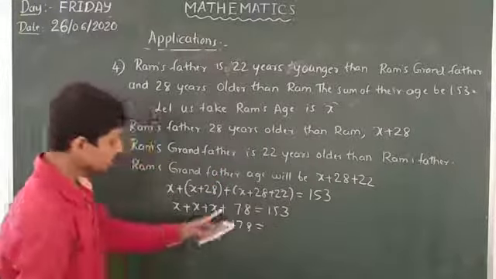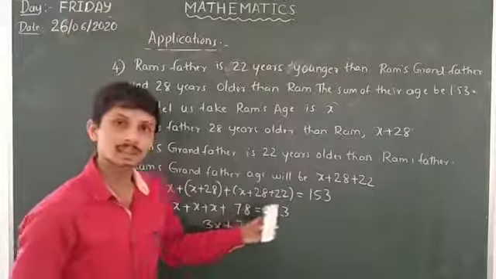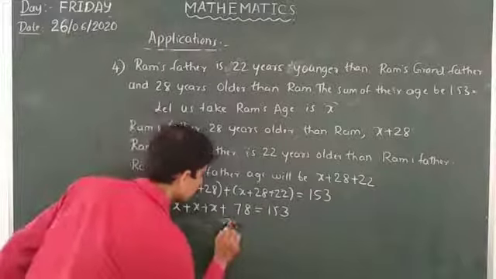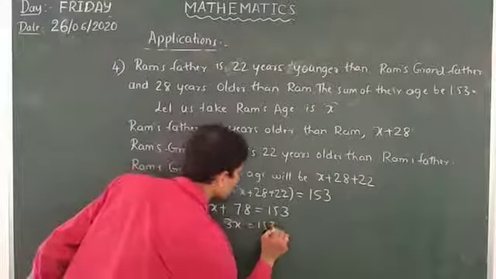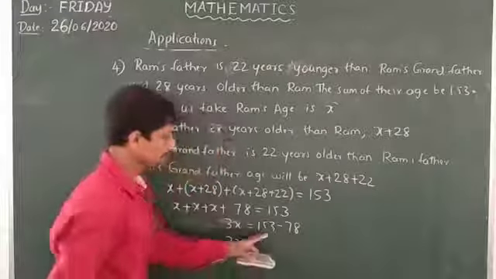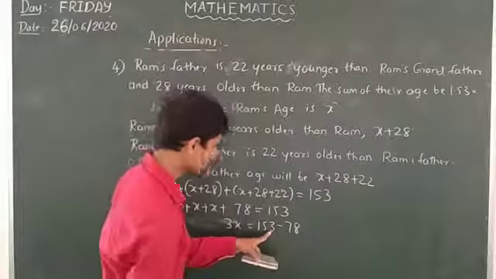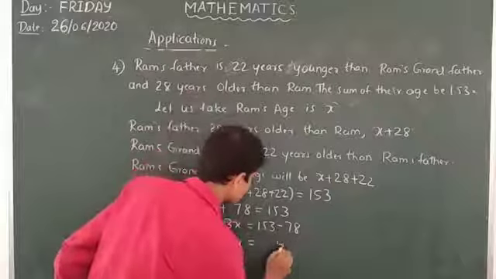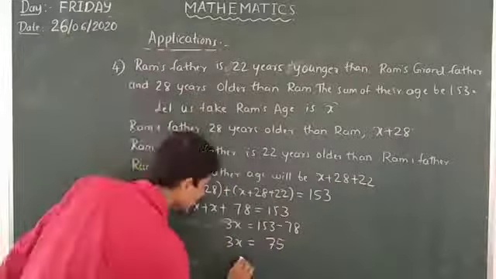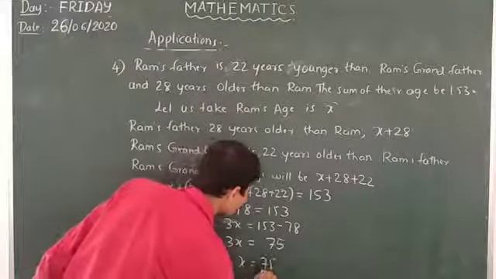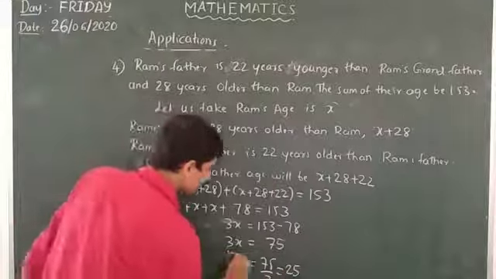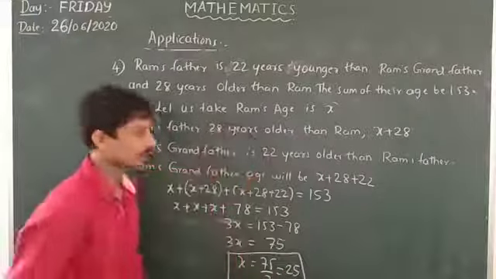Transposing 78 to the right-hand side, 3x is equal to 153 minus 78, which is 75. So x is equal to 75 by 3, which is 25. So Ram's age will be 25 years.